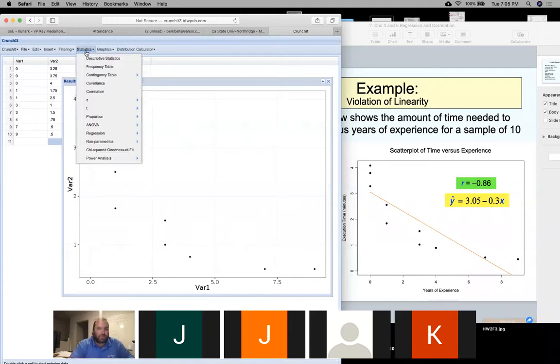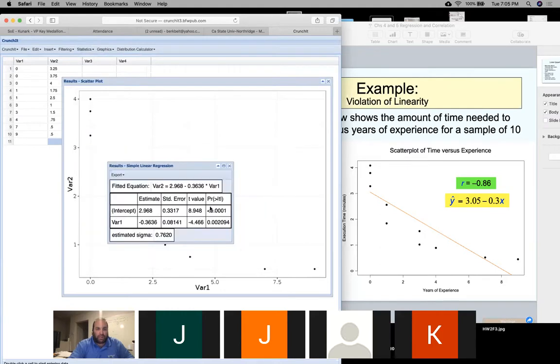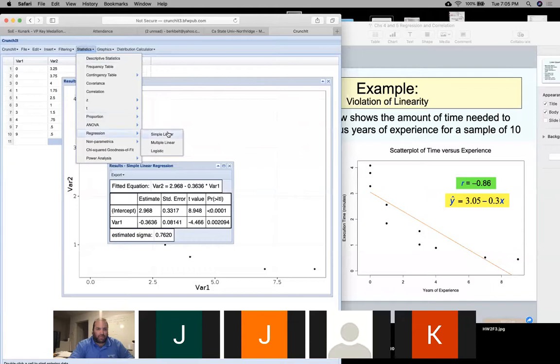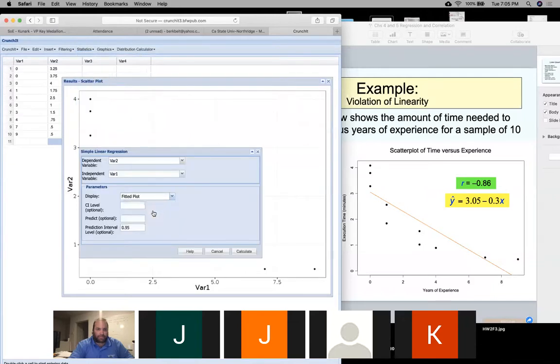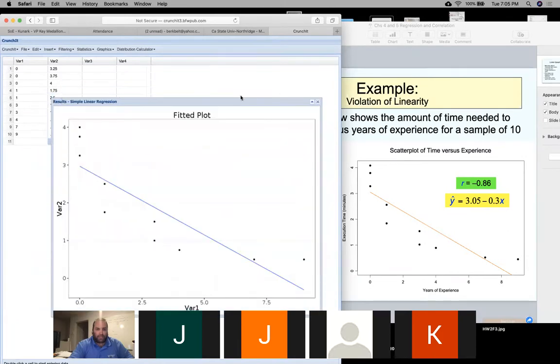So let's go ahead and now do the regression. Simple linear. Variable 2 is dependent. Variable 1 is independent. Numerical results. So I got 2.97 minus 0.37x. That's pretty close. And if I do the best fit line, I get that.